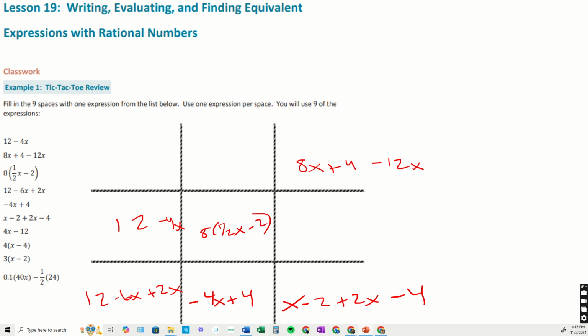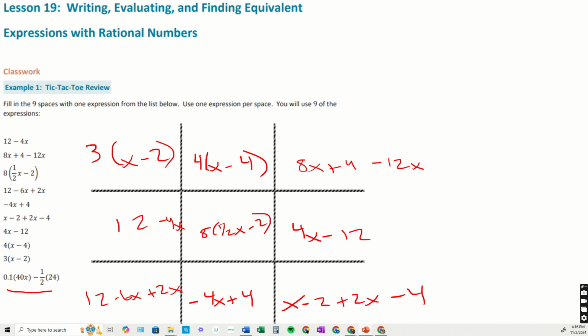Sure. And 4 parentheses x minus 4. And 3 parentheses x minus 2. And we did not use this bottom one here.